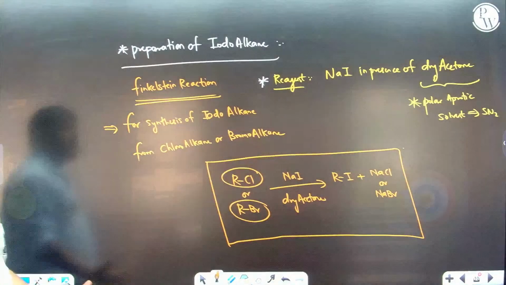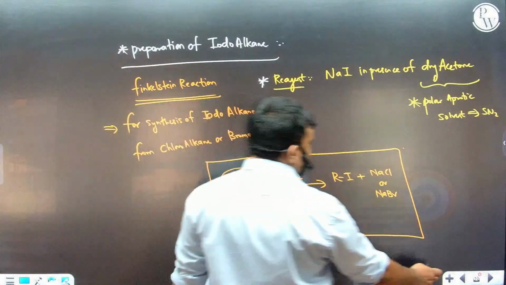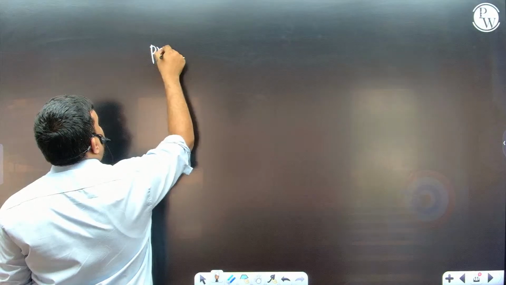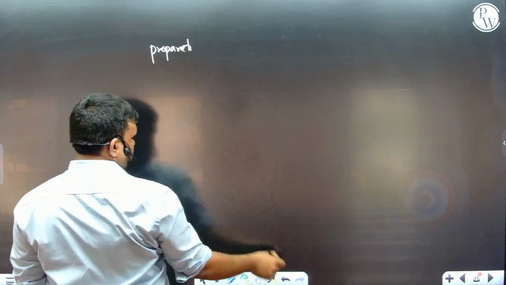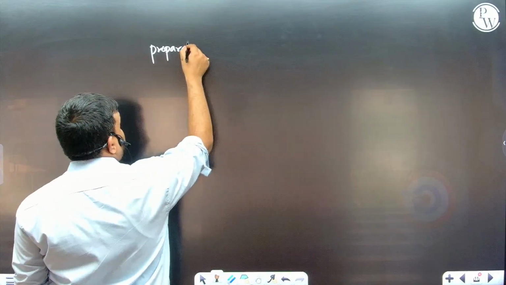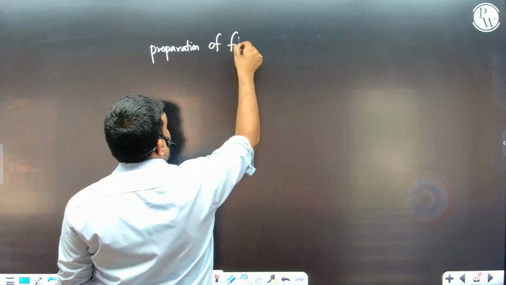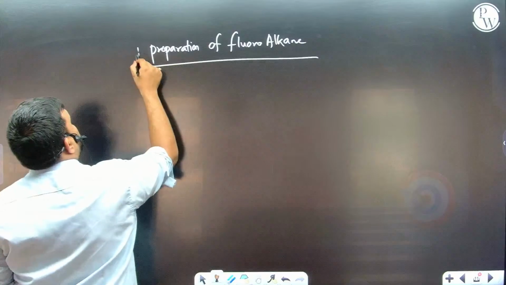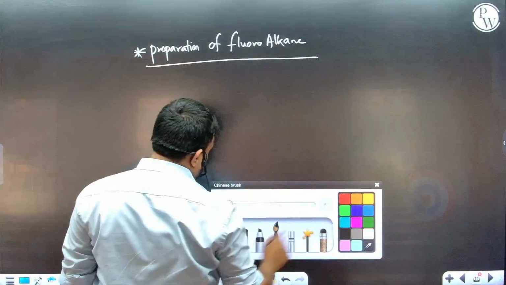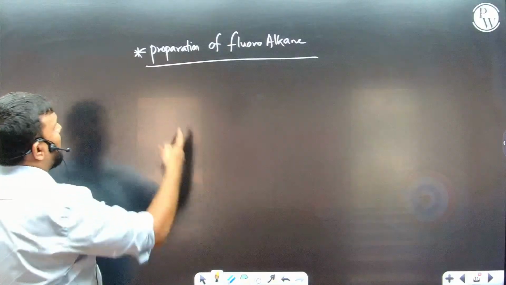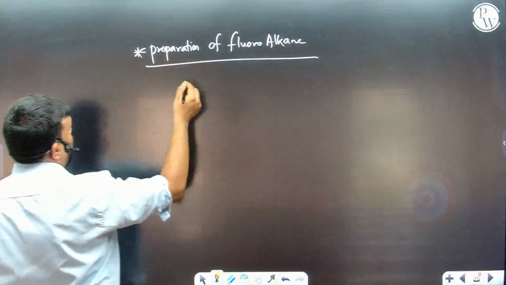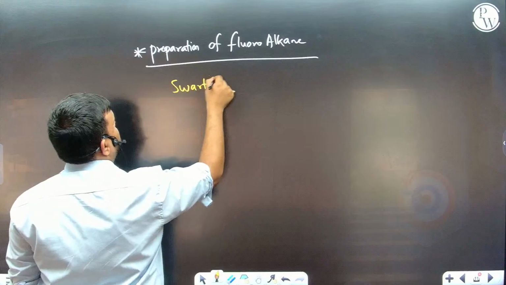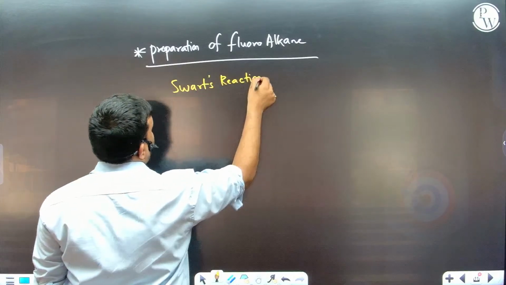So let us see the preparation of fluoroalkane. Like we had a dedicated method for the preparation of iodoalkane, we also have a dedicated method for the preparation of fluoroalkane, which is nothing but the Swarts reaction.